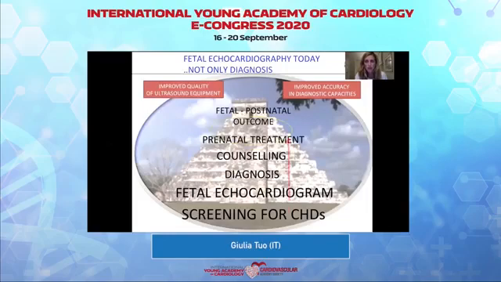After that, what happens? Today, because of the improved quality of the ultrasound equipment and also because of the improved accuracy in the diagnostic capacity, we can have an impact both on the fetal and on the postnatal outcome.